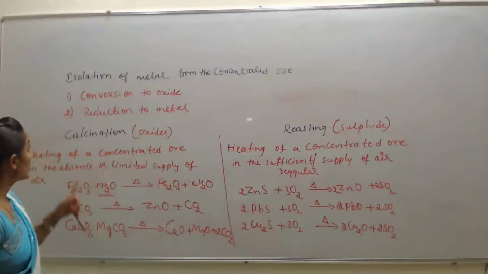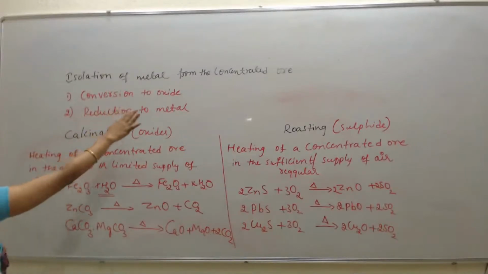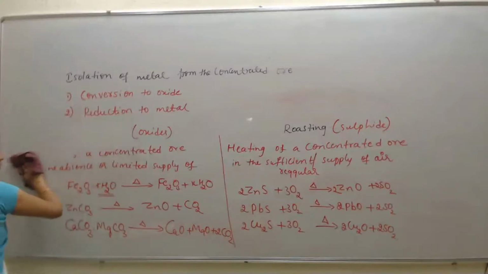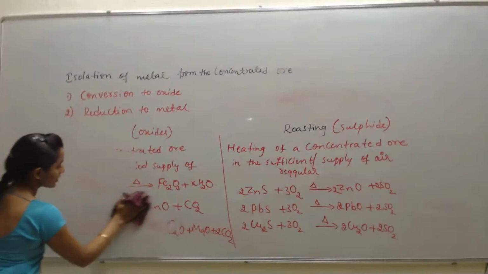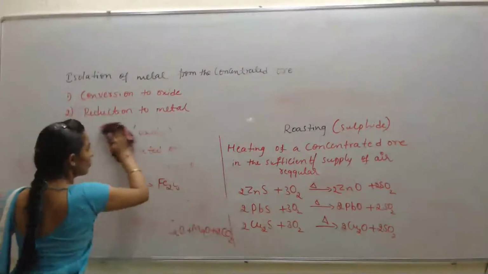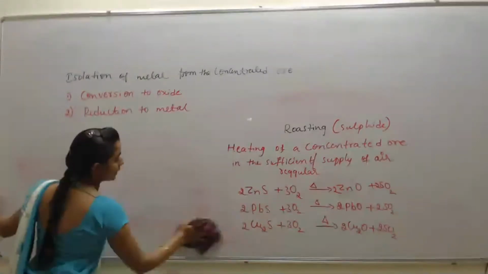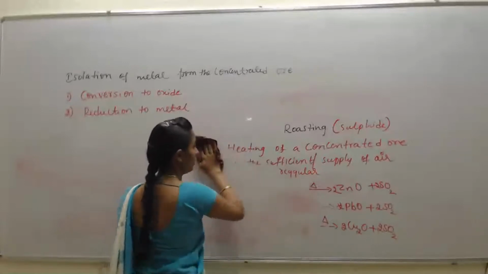Okay, so next one is reduction to metal. This is conversion to oxide, which is complete. Next is reduction to metal. In the conversion to oxides, all the ores were converted to oxide ores. Then this is reduced by using carbon or a suitable metal.